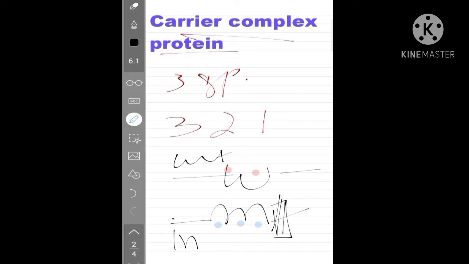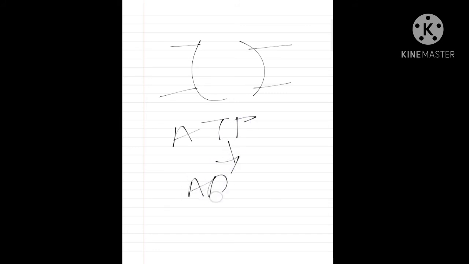Now what happens is that the ATPase like activity of the protein complex is triggered, which converts ATP to ADP, which liberates energy. This energy leads to conformational changes.